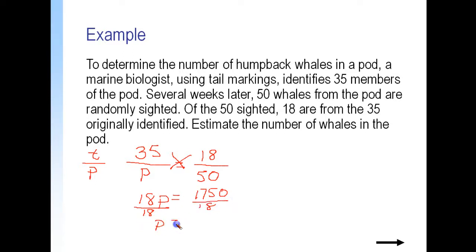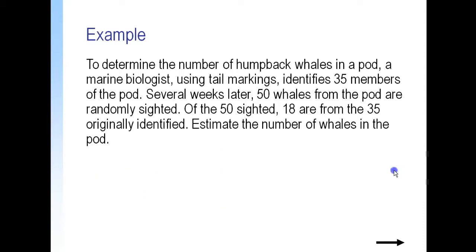So my population of the pod is going to be that divided by 18, or about 97. So how many members are in this pod? And it's approximately, because it was a decimal fraction, 97. And that's how we found it.